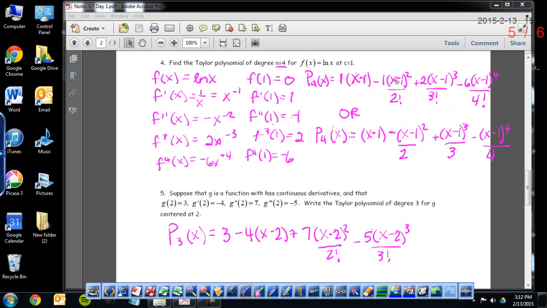So in this form right here, this first form where I didn't simplify on number 4, you can see that I've got my second degree right here. The exponent is 2. Then that means that this negative 1 was my second derivative divided by 2 factorial. I go to the degree of 3, the power of 3, and I have my third derivative over 3 factorial.